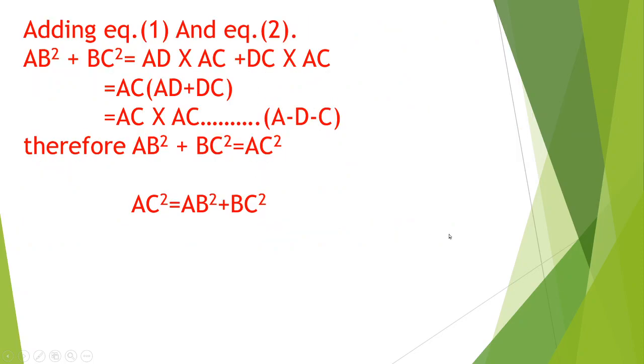If we add equation first and second, on the LHS we get AB square plus BC square, and on the RHS we get AD into AC plus DC into AC.